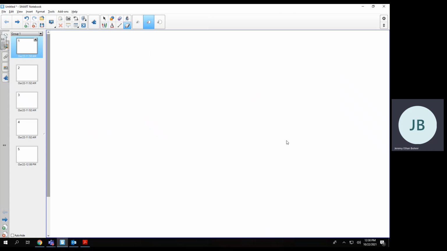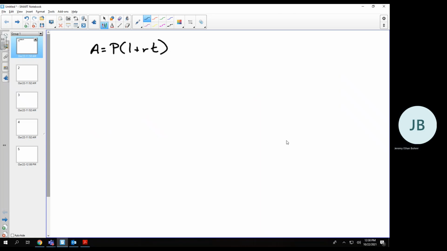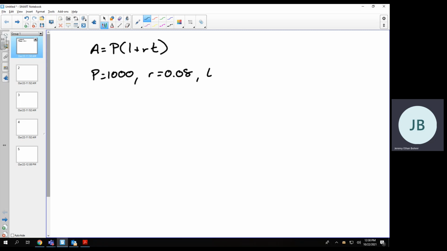So that's going to be A equals P times 1 plus RT. And here we are given P equals 1,000. R is 8%, which is 0.08. And T is 3 years.